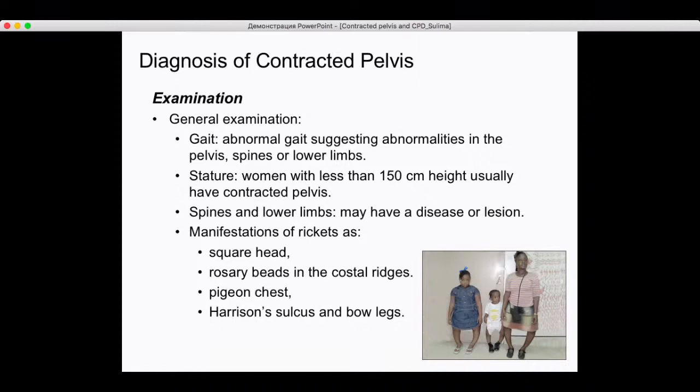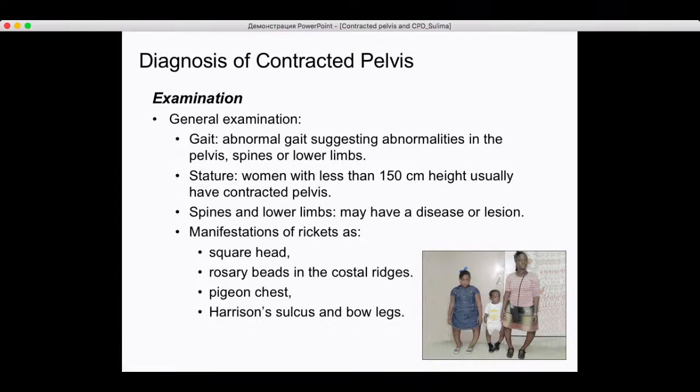Stature: women less than 150 centimeters in height usually have contracted pelvis. Please look at the spine and lower limbs, maybe they are short, or may have a disease or lesions.